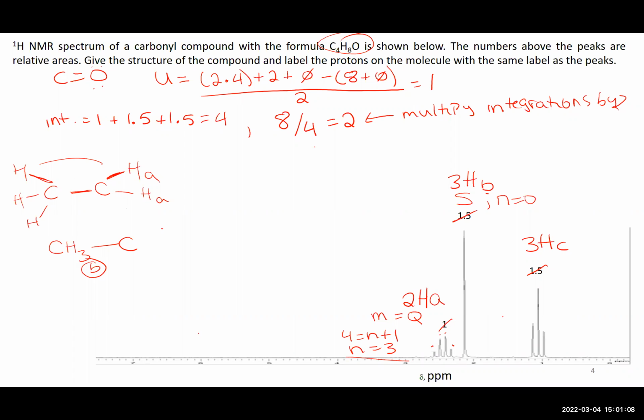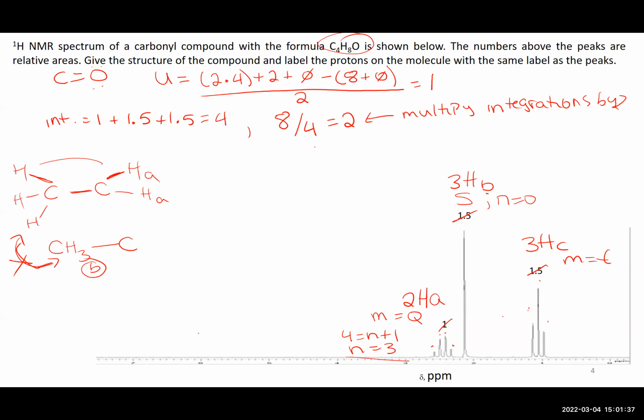Okay, so it's good to point out that these are not the same CH3s. So then my last peak better be for that CH3, or else I don't actually have what I proposed up here. So this last peak, the integration of 3, so I think that's a CH3, the multiplicity 1, 2, 3, that's a triplet.